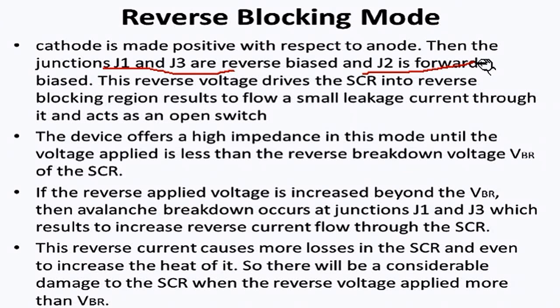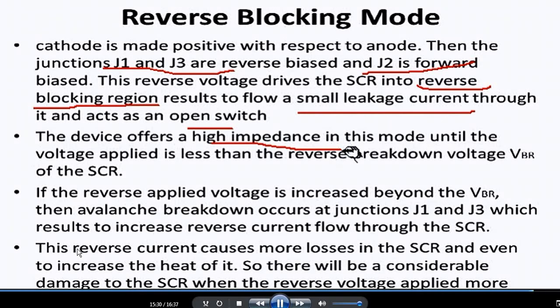Because of this reverse bias, SCR turns into reverse blocking mode, which results in flow of very small leakage current. So it acts like an open switch. The device offers very high impedance to the flow of current.